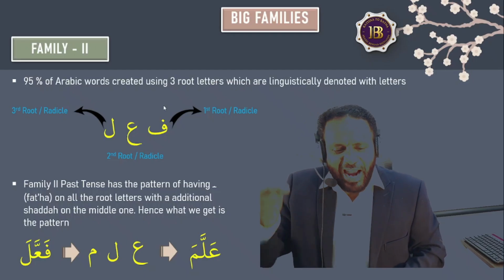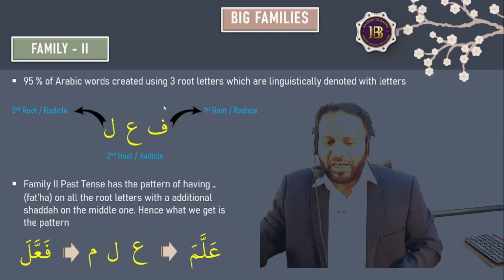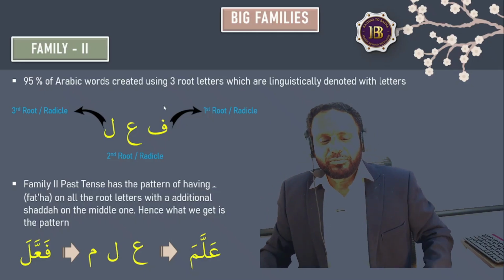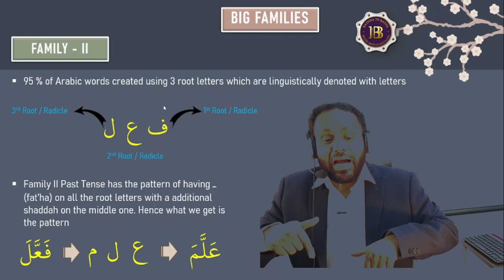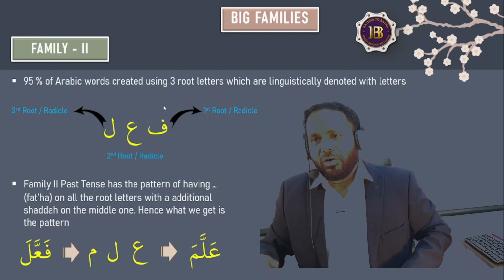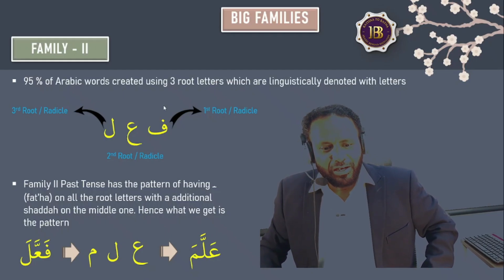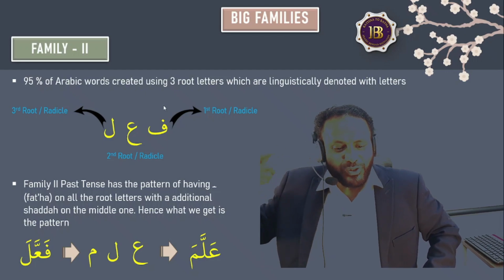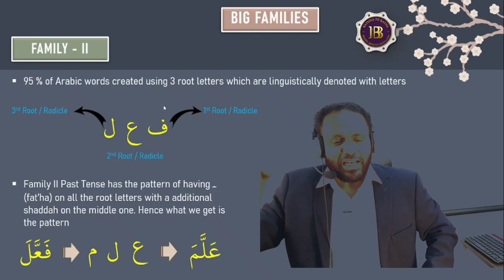Now, if you see any word on this pattern, not the root letters, on the pattern, you got family number 2. If I say kattala, does it sound like allama? Yes. When I say sound like, I am asking about pattern, not the words. Kattala, okay. Ajjala, yeah, that's allama. Kattaba, yeah, that's allama. So this is what you need to tune into. The moment you hear something like this, it is the allama family.